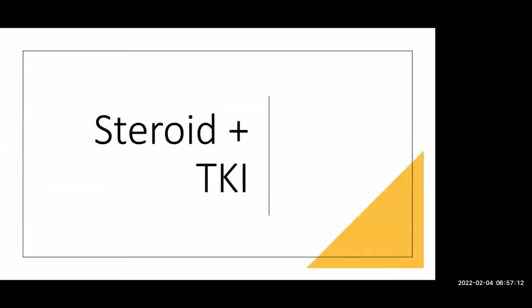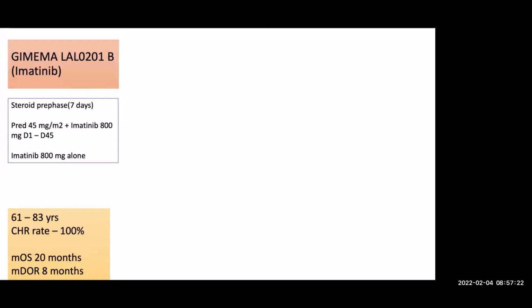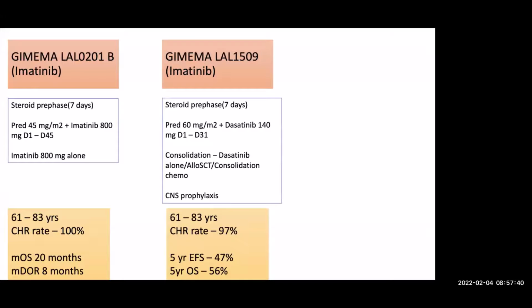The other approach was to use steroid plus TKI, that is, not using any form of chemotherapy, only using steroid and tyrosine kinase inhibitor. That was done by the GIMEMA group, where they used a steroid prephase followed by steroid plus imatinib. This was in the 0201B trial, where they found that the median OS was almost 20 months.